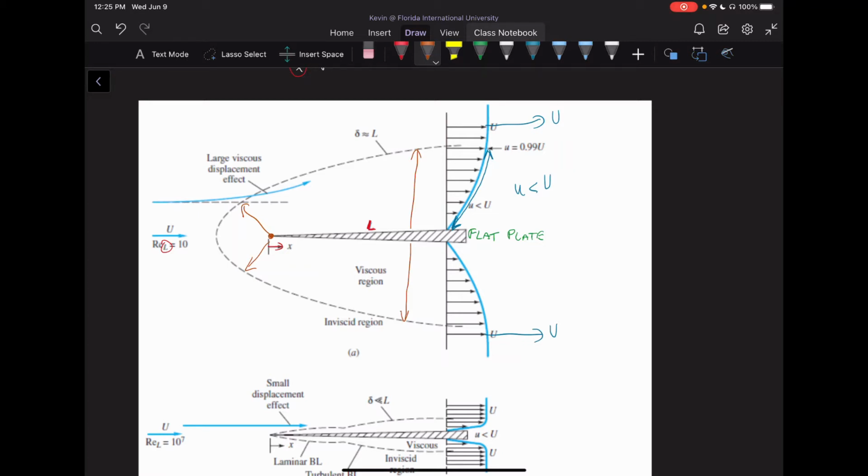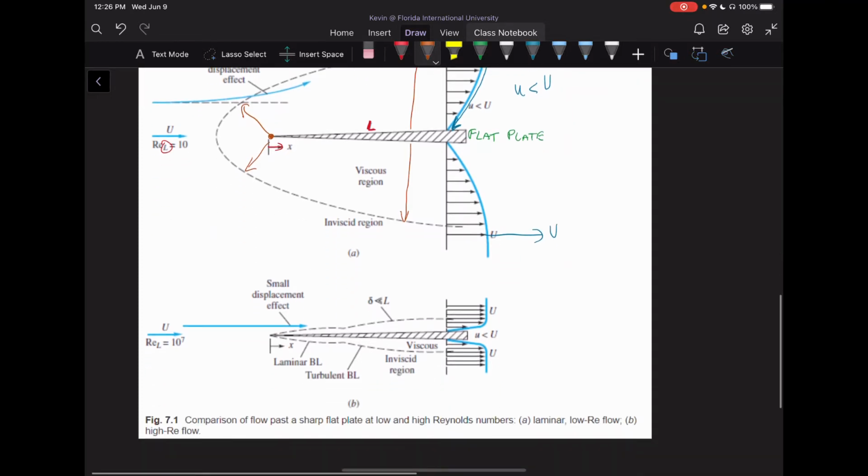So think of this as if honey was flowing past a flat plate or a flat edge, and you would just have honey sort of dripping along this flat plate. You could realize that you have a very big viscous region, and then the inviscid region would be very far away from that flat plate, where the flow is not affected at all by this flat plate.